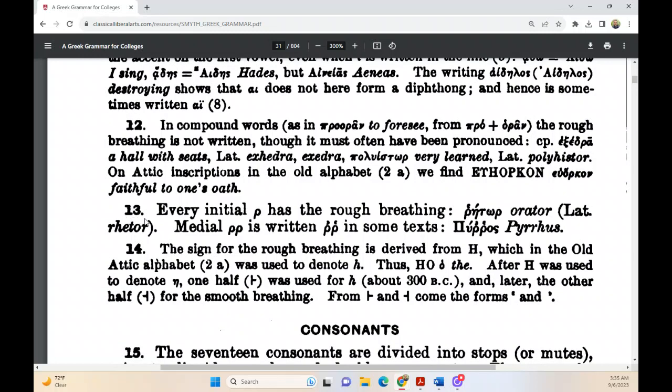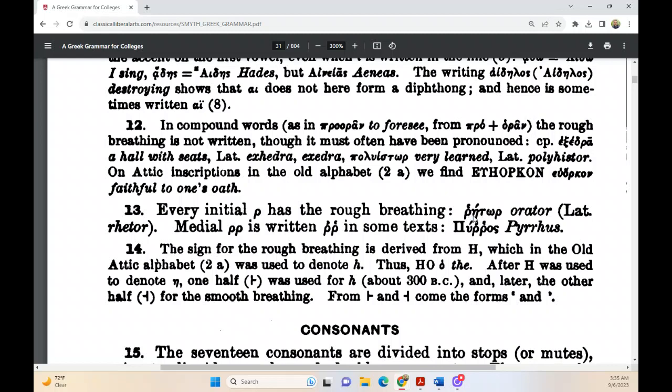Article 13 tells us that every initial rho has the rough breathing. So any Greek word that begins with a consonant rho has rough breathing added to it. Here we see the word rhetor, which is the Greek word for orator.